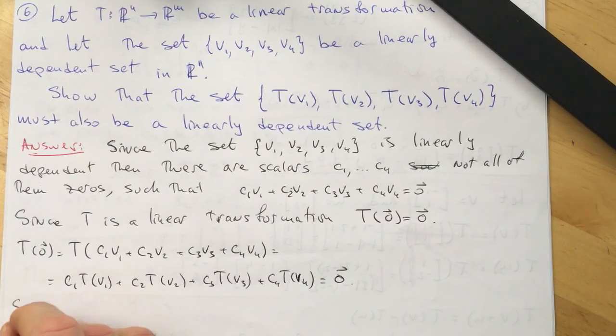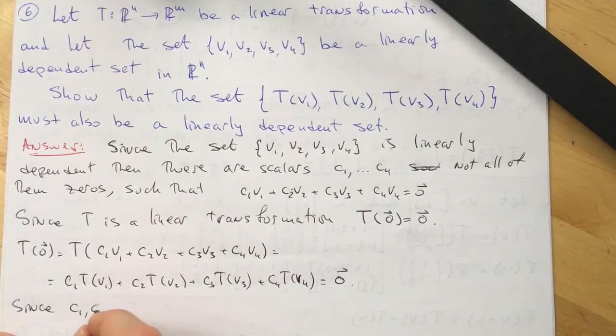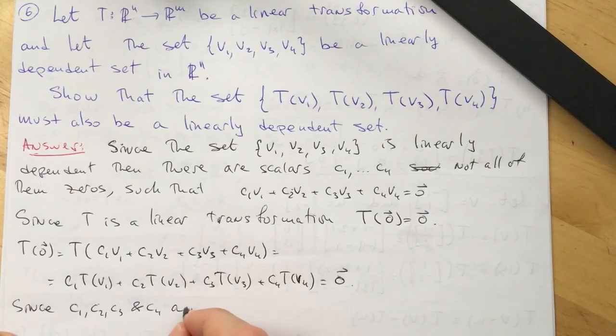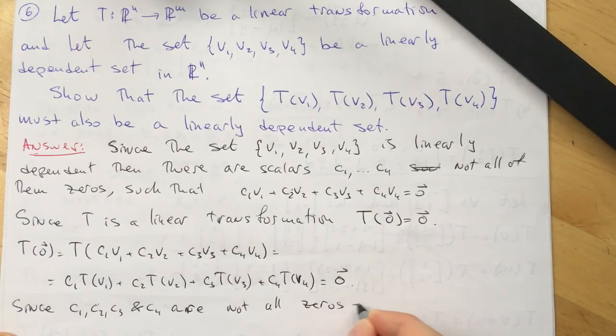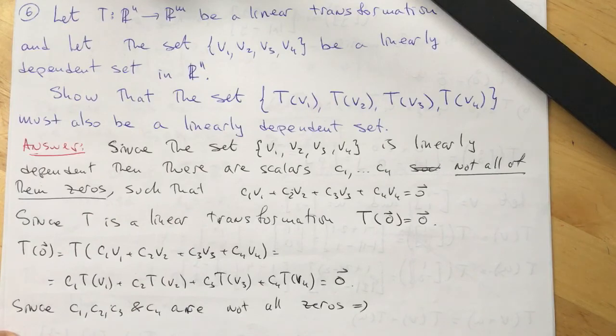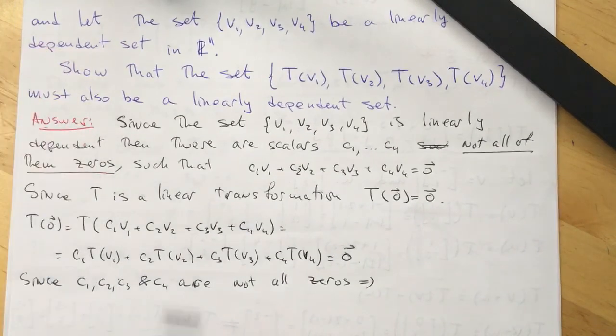Since C1, C2, C3, and C4 are not all zeros, that was in the hypothesis, not all of them are zeros. Since these scalars are not all zeros, then this relation between the vectors T of V1, T of V2, T of V3, and T of V4 is nothing else but the definition of dependent vectors.